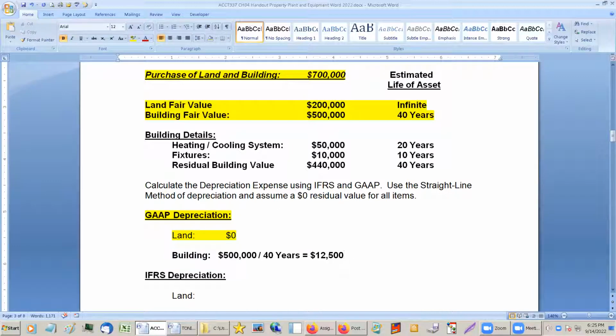So this would be our depreciation expense under GAAP.